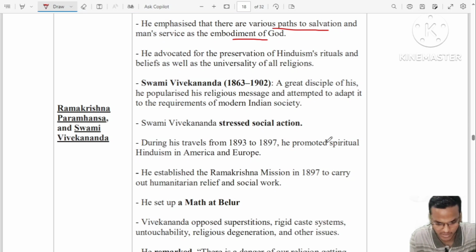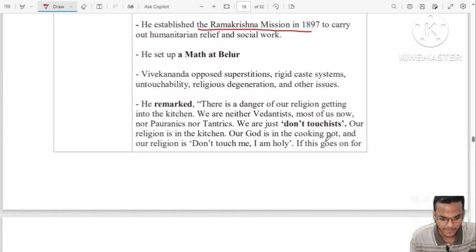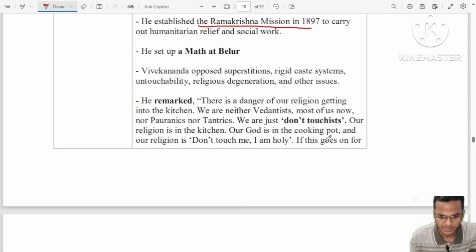Swami Vivekananda was a great disciple, a student of Ramakrishna. He started the Ramakrishna Mission in 1897 to carry out humanitarian relief.